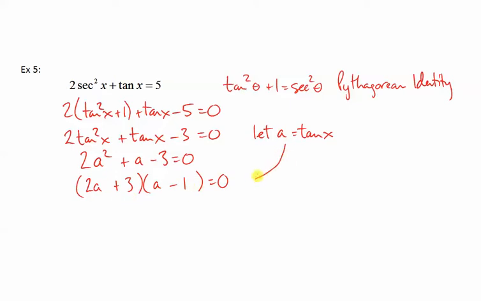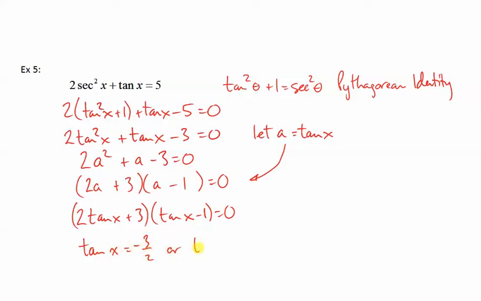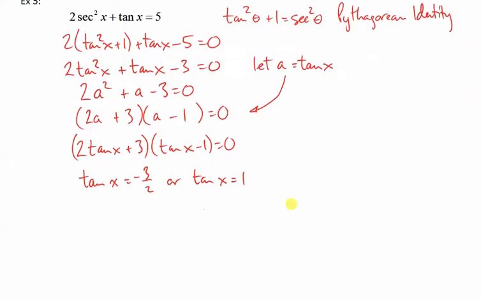And now I'm going to substitute back the fact that a equals tan x. So 2 tan x plus 3, and tan x minus 1 equals 0, from which, because I have factors equal to 0, I write tan x is negative 3 halves, or tan x is 1. Now, negative 3 halves is not a special angle.